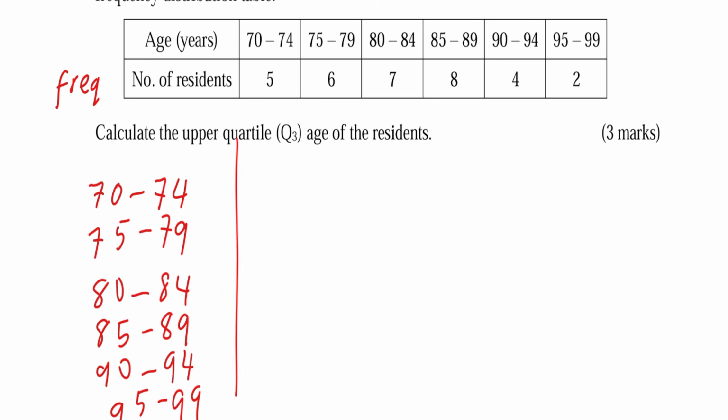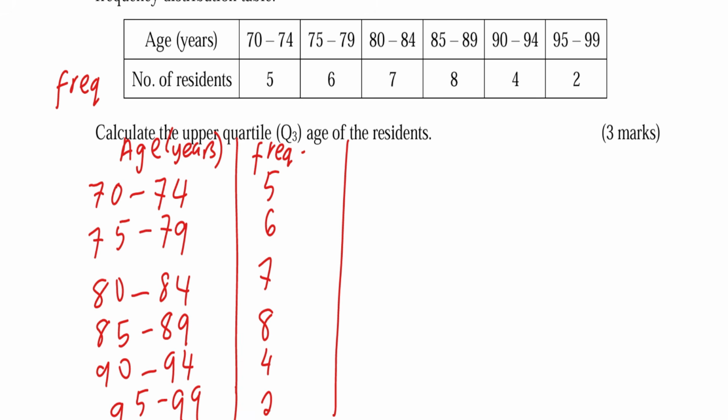And then remember, we should have a midpoint here, which will help us. Will it really help us in finding the upper quartile? No. Just remember that this is the age or years. And then we have the frequency or the number of residents, which is 5, 6, we have 7, we have 8, we have 4 and 2.